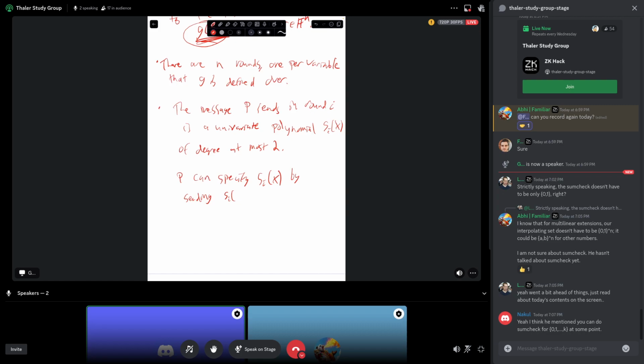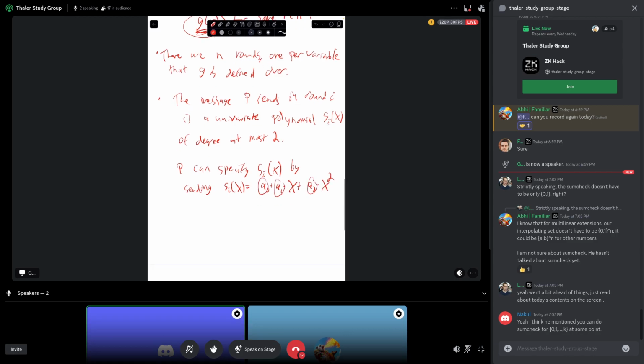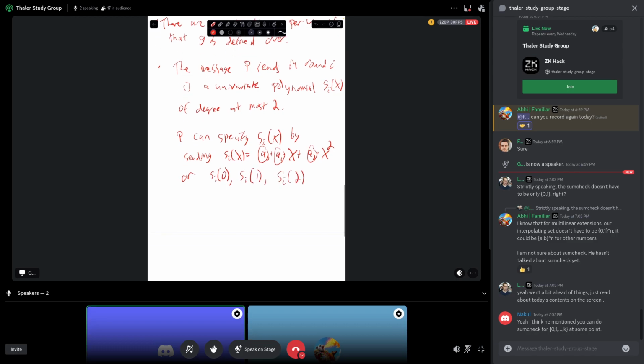Most people are probably comfortable with just sending the coefficients, say a_0 plus a_1 times x plus a_2 times x squared, so it could send the 3 coefficients in the standard monomial basis. Or it could send 3 evaluations of s_i. That's also enough to specify this univariate polynomial. You can pick any 3 evaluation points you like. I happen to pick 0, 1, and 2. They are simple enough.